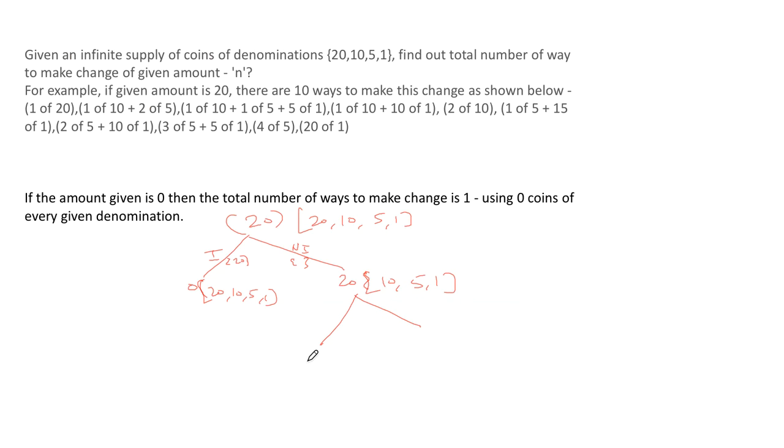Okay, included means to say 10, and 10 comma 5 comma 1, and here it will be 10, and here it will be not included, so 20 with 5 comma 1, and here it will be included, so 0 with 5 comma 1, and here it will be 10, and here it will be not included, so that means to say 10 with 5 comma 1, and this thing will be 10.